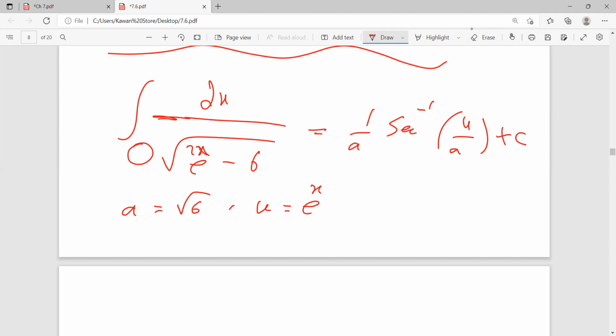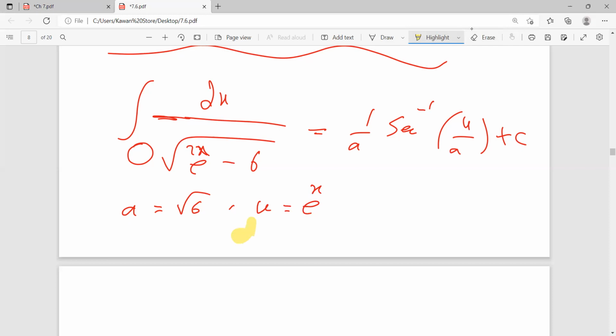We said that if I have u squared in the exponential, it is not equal to x squared. Do you remember that? So that means it's a square formula. That's why u is equal to e to the power x.